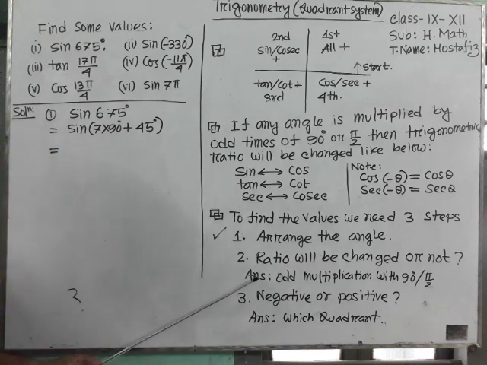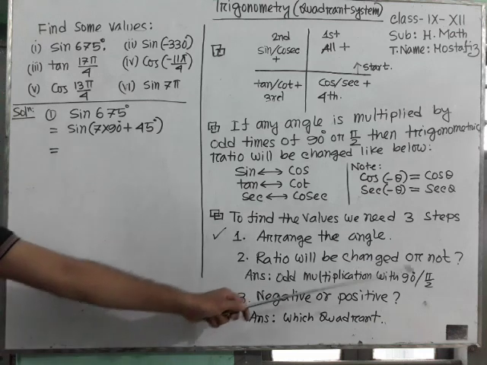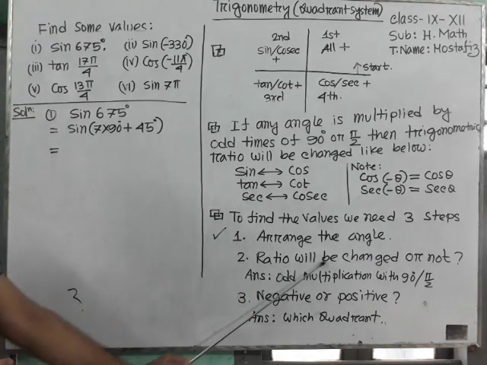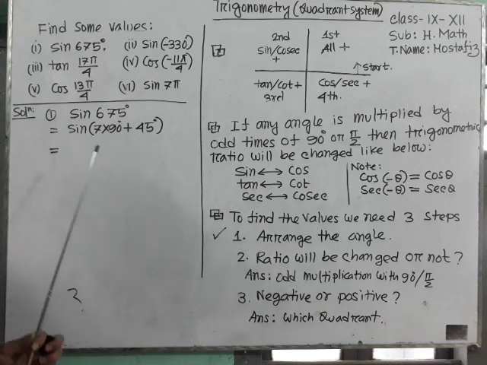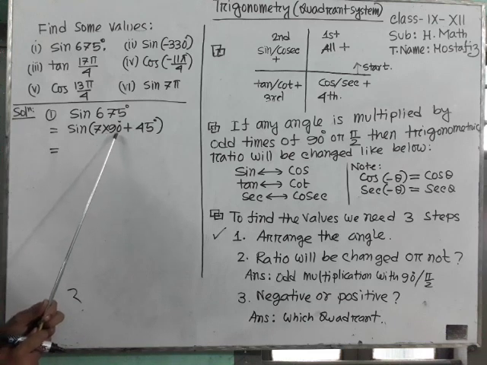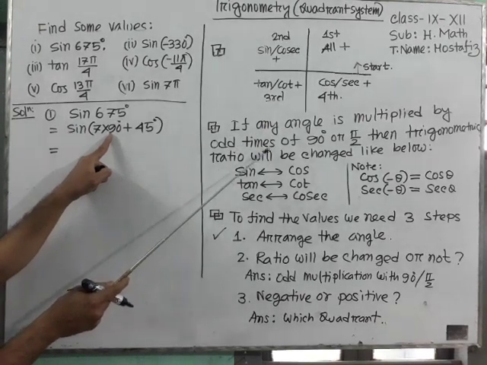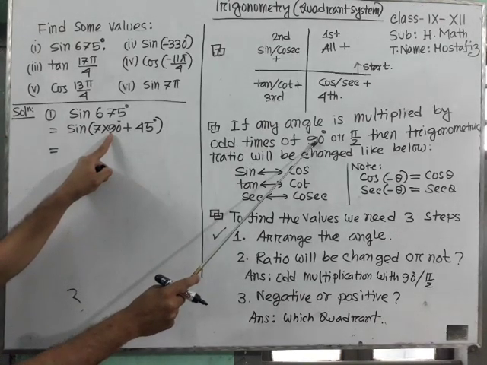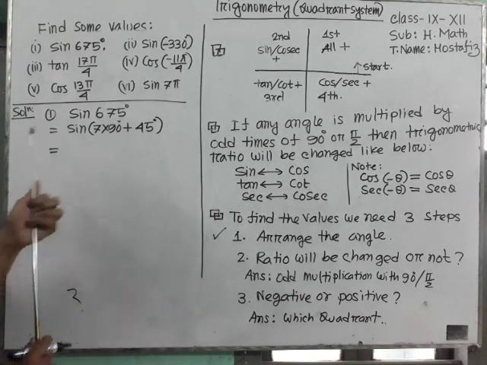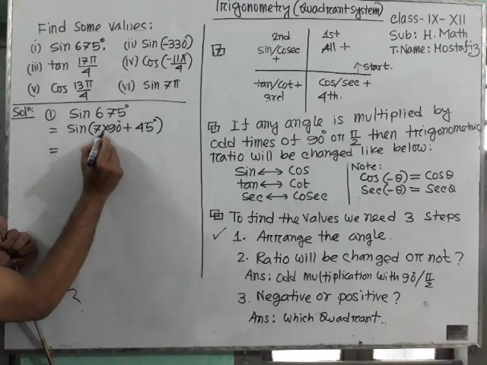Now come to the second step, that is, will the ratio be changed or not? I have told you that when the angle is multiplied with an odd number times 90 degree, then the ratio will be changed. Here we can see that it is multiplied with an odd number, 7 is an odd number, so it will be changed.